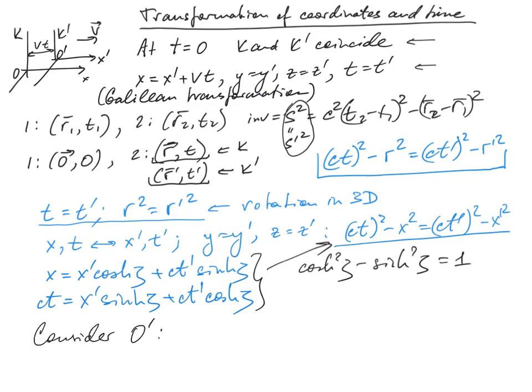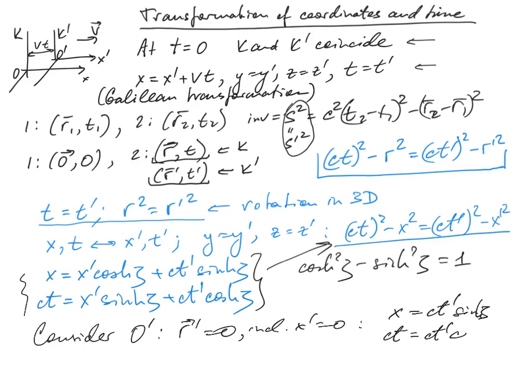So this point has coordinates r prime equals 0, including x prime equals 0. So if we use this in the coordinate transformations, we'll find x equals ct prime hyperbolic sine zeta, and ct equals ct prime cosh zeta.